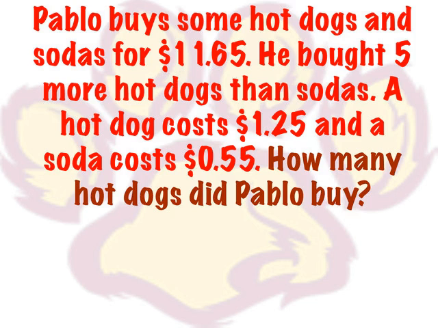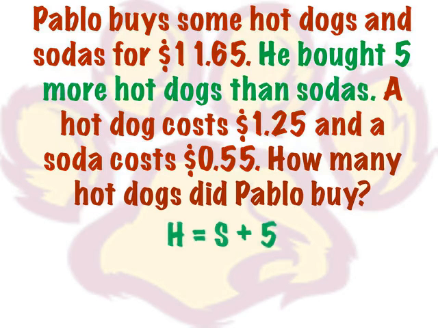Looking at the second sentence, it says he bought 5 more hot dogs than sodas. That sentence we can get an equation for. And then the third sentence says a hot dog costs $1.25 and a soda costs 55 cents. Again, not a complete equation. So we're going to need to combine that third and first sentence in order to make an equation.